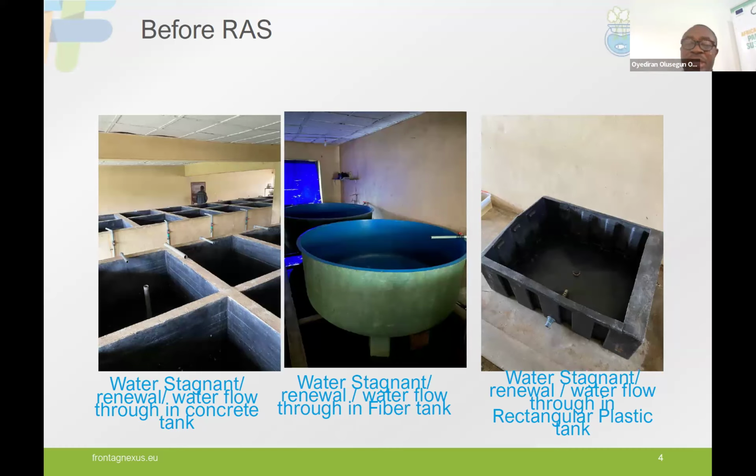It can either operate as a flow-through system or a stagnant renewal system. This is an indoor system, and we also have the outdoor system that we use in such a way that we are able to produce the fish under this situation with low cost and a simplified system.